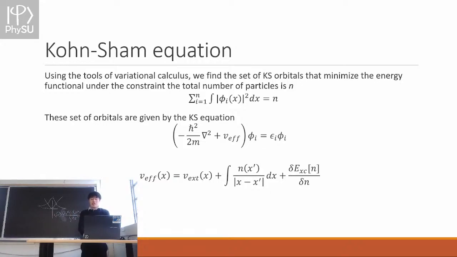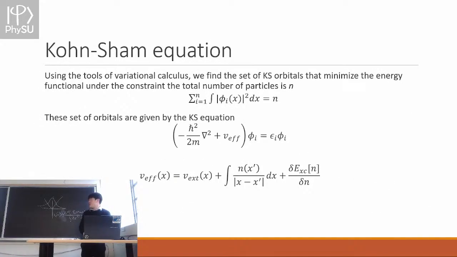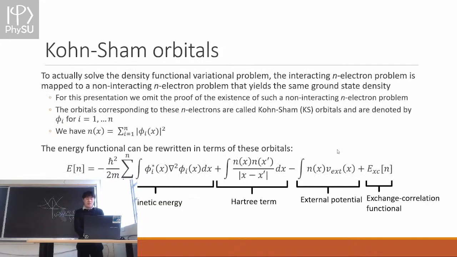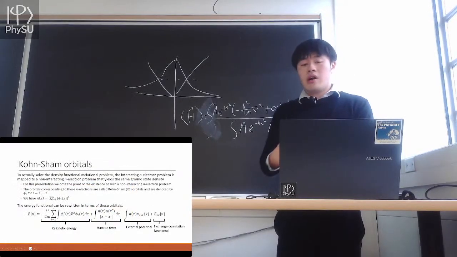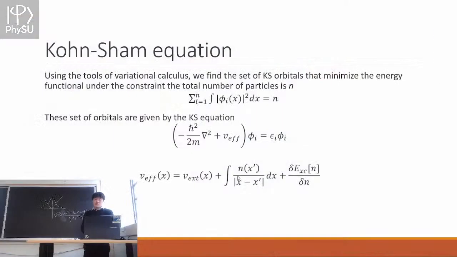You use variational calculus on this energy functional, and that gives you the Kohn-Sham equation. Essentially all the terms aside from the kinetic energy term, when you effect the variation on them, go into this effective potential term. And this effective potential term just looks like this.